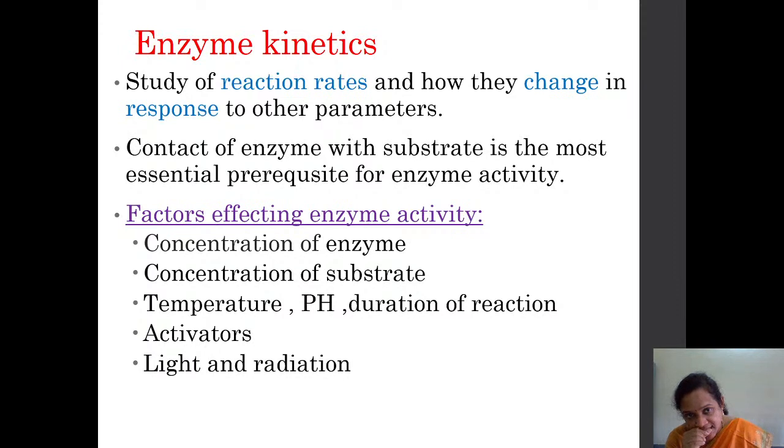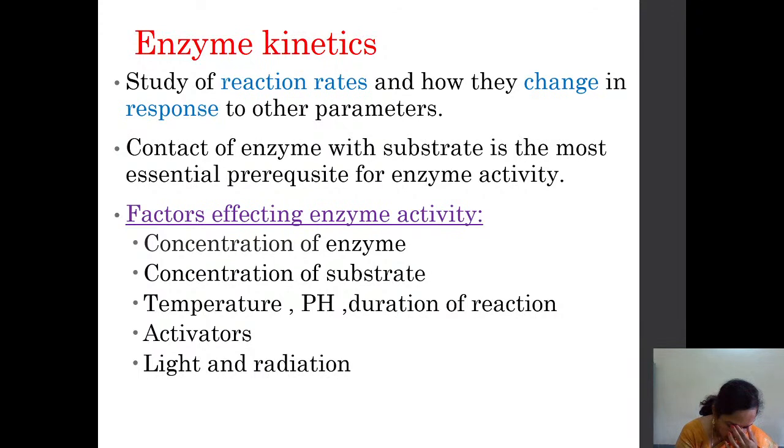So what is enzyme kinetics? The study of reaction rates and how they change in response to other parameters is called enzyme kinetics. The contact of enzyme with substrate is the most essential prerequisite for enzyme activity. The factors which affect enzyme activity are concentration of the enzyme, concentration of the substrate, temperature, pH, duration of the reaction, presence of activator, and presence of light and radiation.